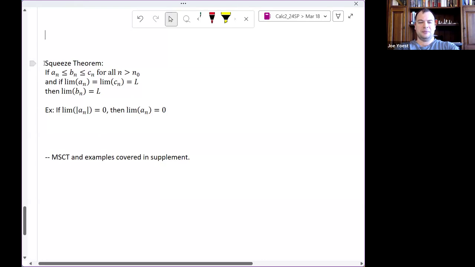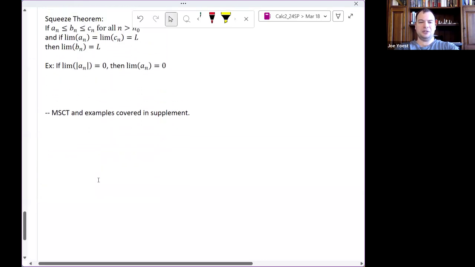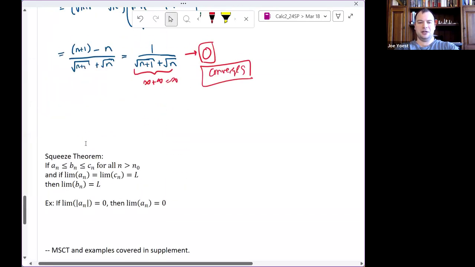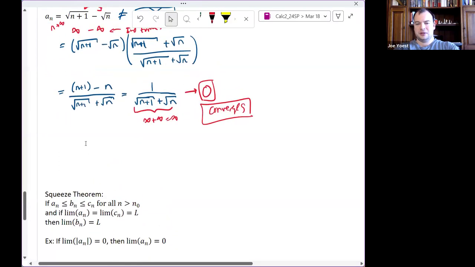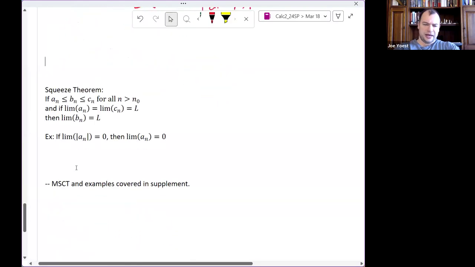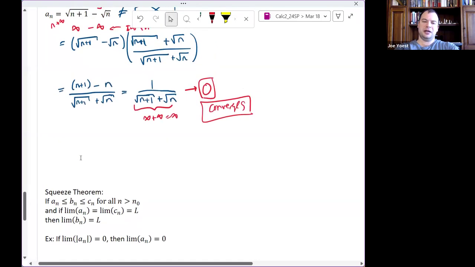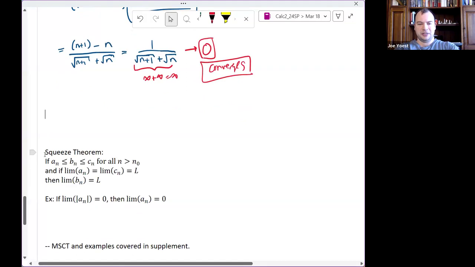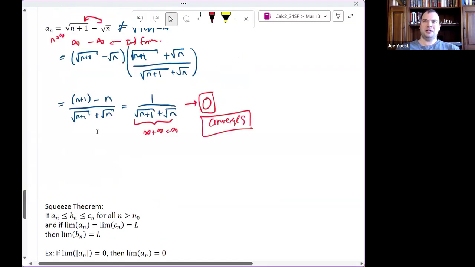Okay, so these next topics, the squeeze theorem, monotone sequence convergence theorem, and so on, well, I haven't decided if I'm going to cover the monotone sequence convergence theorem next class or in the supplement. We'll definitely discuss the squeeze theorem next time, and then we might jump ahead. We might move on to section 11.2, leave a bit of section 11.1 for the supplement, or we might finish 11.1, start 11.2, and then leave 11.2 for the supplement.